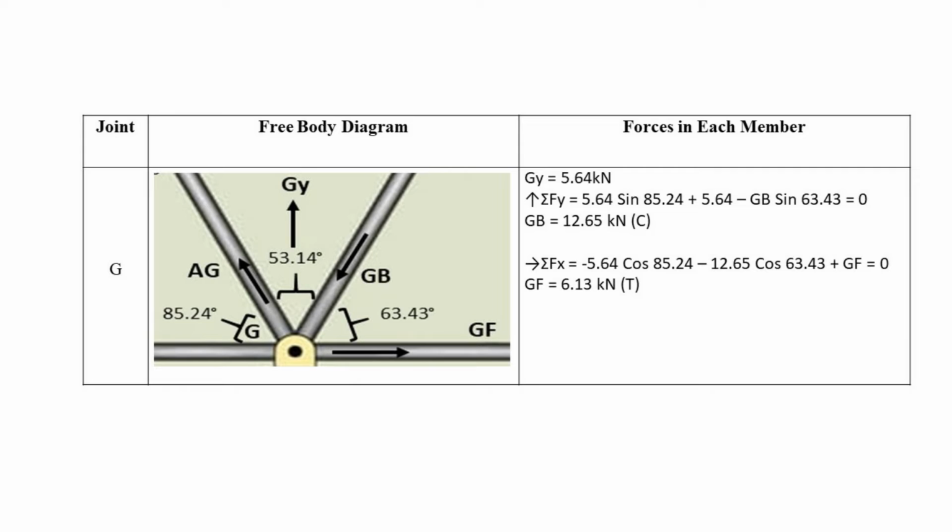The total force in the x-axis can be calculated by using negative 5.64 cos 85.24 minus 12.65 cos 63.43 plus GF equals 0. Through this calculation, we can figure out GF, which is 6.13 kilonewtons, and it is in tension because the arrow is heading away from the joint.